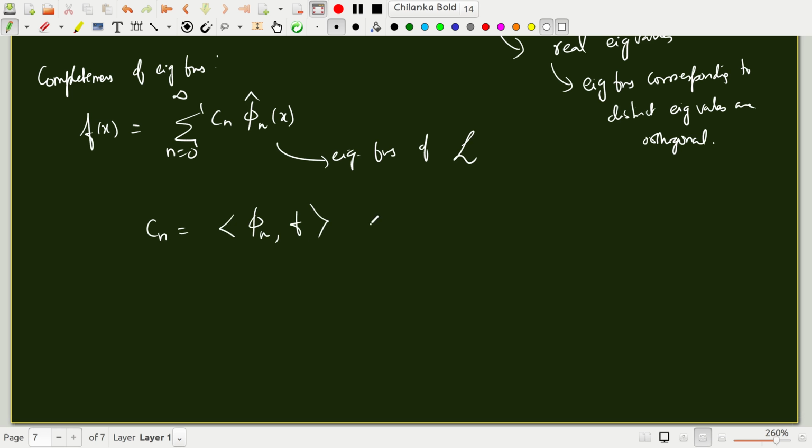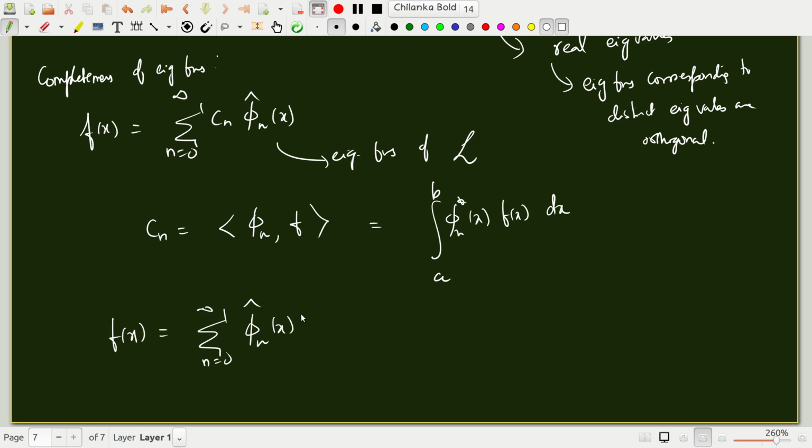That is nothing but the integral over the domain A to B of phi n star of x, f of x, dx. Therefore f of x is the sum over n of phi n of x times, instead of Cn, this integral, A to B phi n star of x, f of x dx.